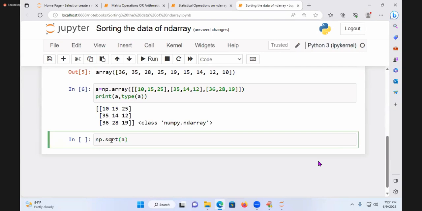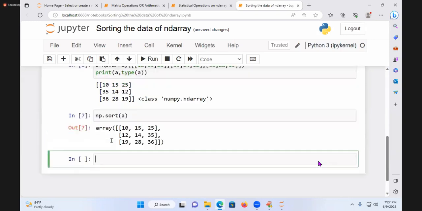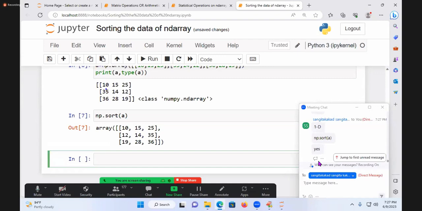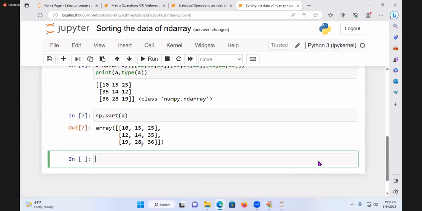First row, it is as it is, since the data is already in order. Next 35, 14, 12: you see 12, 14, 35. Next 36, 28, 19: 19, 28, 36. Which one by default? Row wise.